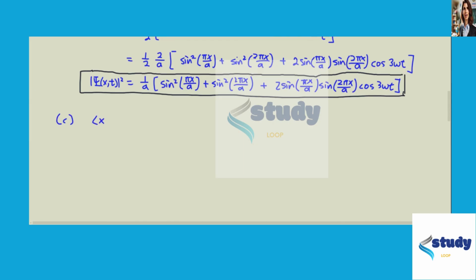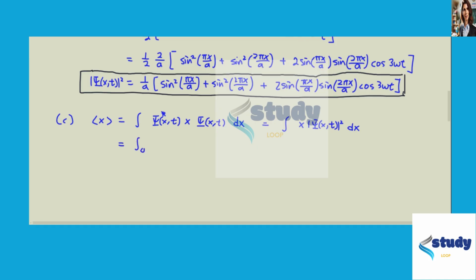So the expectation value of position, according to the definition, is the integral of psi star x psi dx, and since x is not an operator here, x can be moved anywhere, so you actually get x times the mod squared of psi(x,t). Then you just need to copy what you have in the previous question to here.